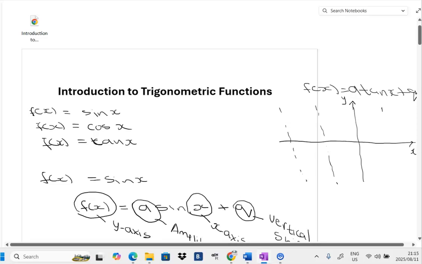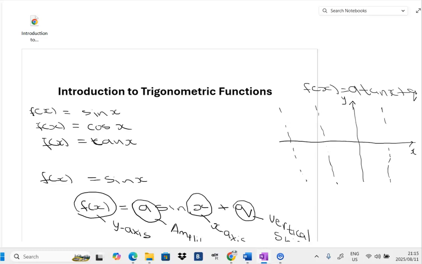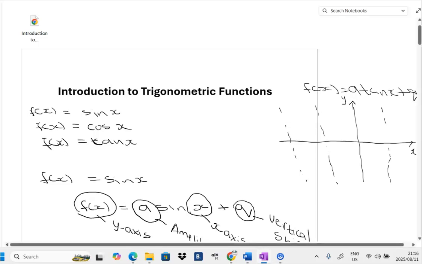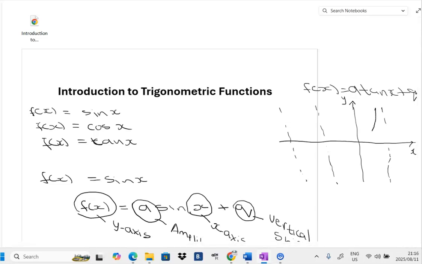You know what is the definition of an asymptote? An asymptote is the imaginary line that the graph approaches, but it never touches, right? There's an imaginary line the graph approaches. You see here, it approaches the imaginary line, but it will never touch this line.